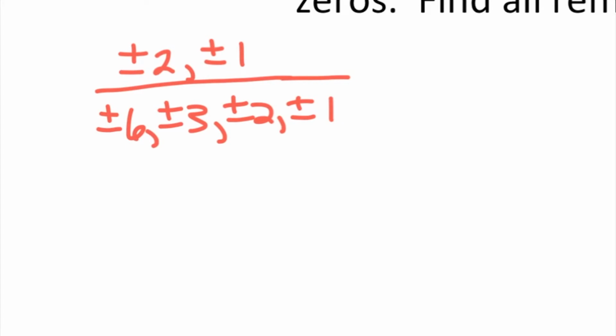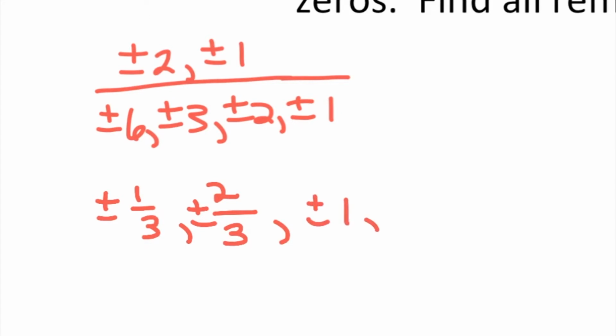And so my possibilities, 2 over 6 is 1/3. 2 over 3, forget the plus or minus. 2 over 2 is 1, and 2 over 1 is 2, and then plus or minus 1 over 6.